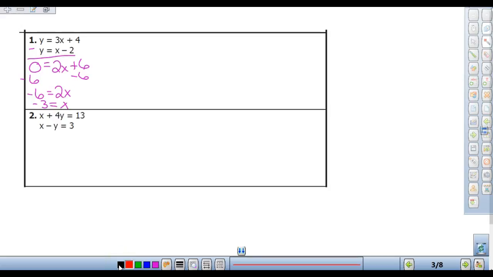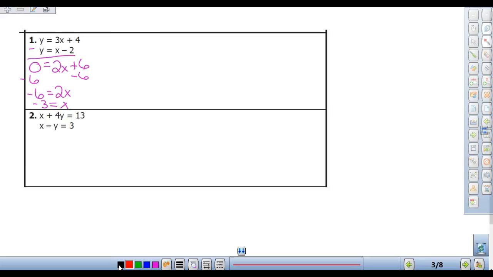Okay, so I have x, I need what? Y. You can go back, you can plug it into either one of these equations, it doesn't matter which one. Okay, for some reason, I like to do things the same way, I always pick the top equation, but it truly doesn't matter.